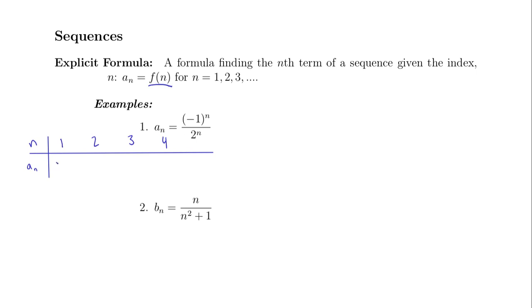If I put in 1, I said I had -1/2. If you put in 2, you're going to get -1 squared. That's 1 over 4. Now we'll get -1/8 and then +1/16. Maybe I'll do one more just so I have the first 5. -1 over 32. And then if you want, we can graph these.